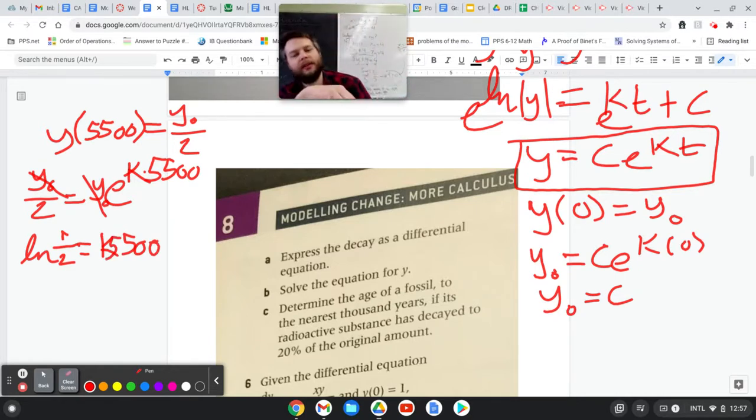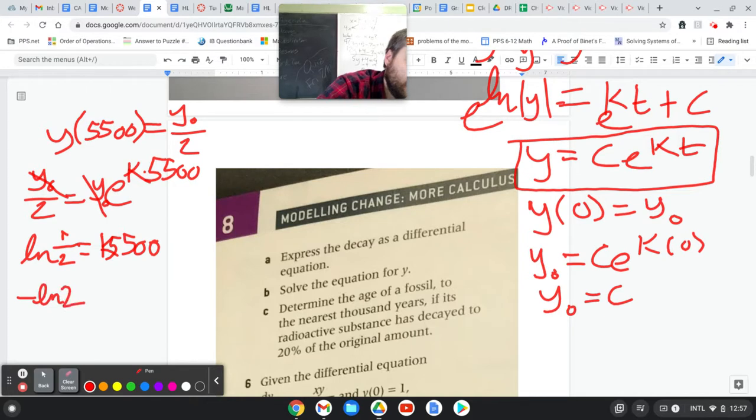And then divide by 5,500 to get the k value. The natural log of 1/2 is the same as negative natural log of 2, because 1/2 is 2 to the negative 1 power. And so if we divide that by 5,500, that's going to be our k value.